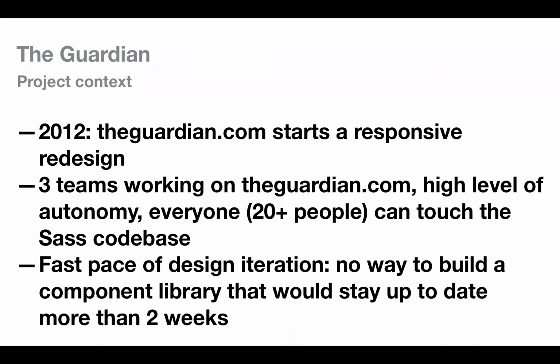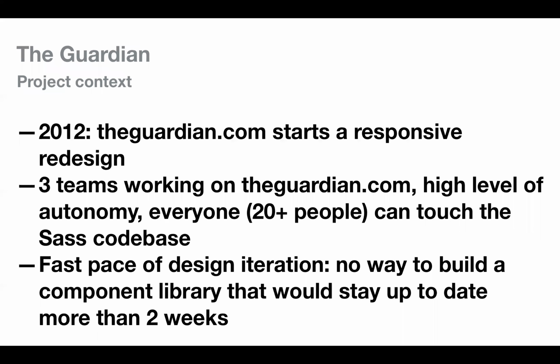And then I moved to The Guardian, which is, again, a British news website. It also happens to be a newspaper, but I was working on the website side of things. They were also doing a responsive web redesign. And the context was a bit different. There were 3 teams working on theguardian.com, with a very high level of autonomy.